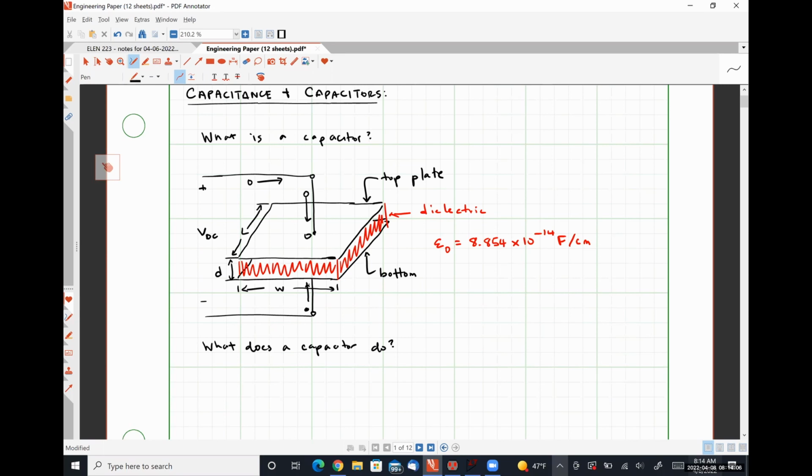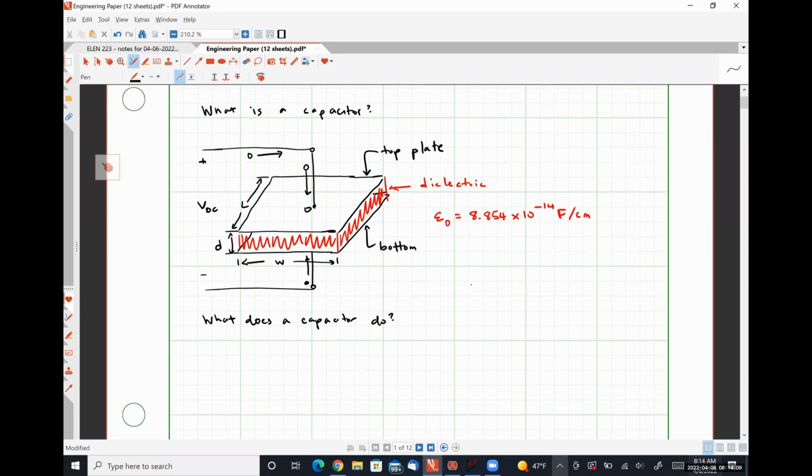And so what this is going to look like is, over time, here's the voltage drop across the capacitor itself. And this is time. What's going to happen is we're going to see that it takes time for us to charge the capacitor. And at first, the slope is very large because it's easy to put more charges on.